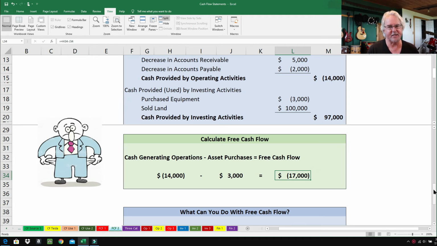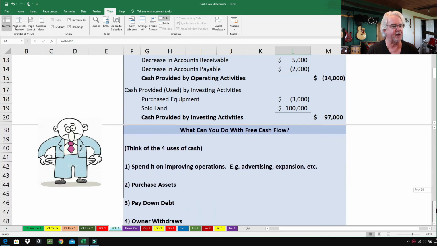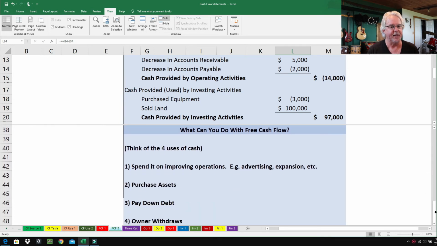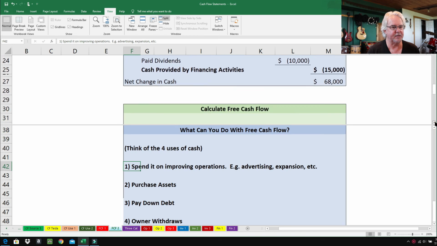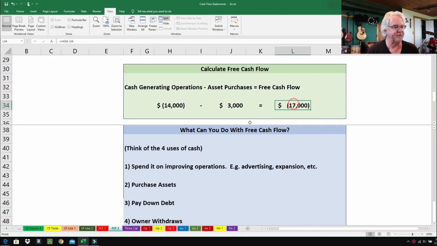So if Fred did have some free cash flow, what could he do with it? Well, to answer that, we've got our 4 uses of cash. This just summarizes what a business can do with money that they have. One thing Fred could do if he had free cash flow, and he does not, there's his free cash flow, negative 17,000, is spend it on improving operations.